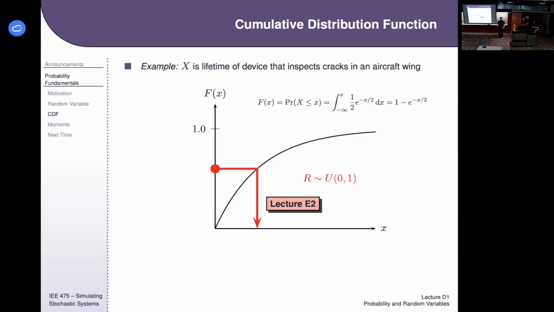And likewise, if you want to draw an exponential random number in Excel, in Arena, whatever, all you need is the ability to draw a uniform random number. As long as the computer, as you'll see in your homework and as we'll talk about going into the next unit, gives you the ability to draw a uniform number between 0 and 1, if I then have the CDF, I just invert the CDF so that I take that uniform number and see what outcome it maps to via the CDF.